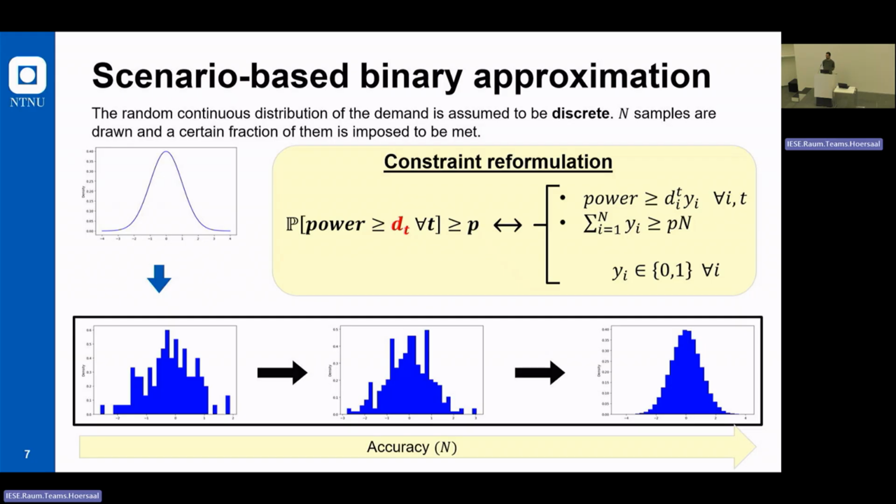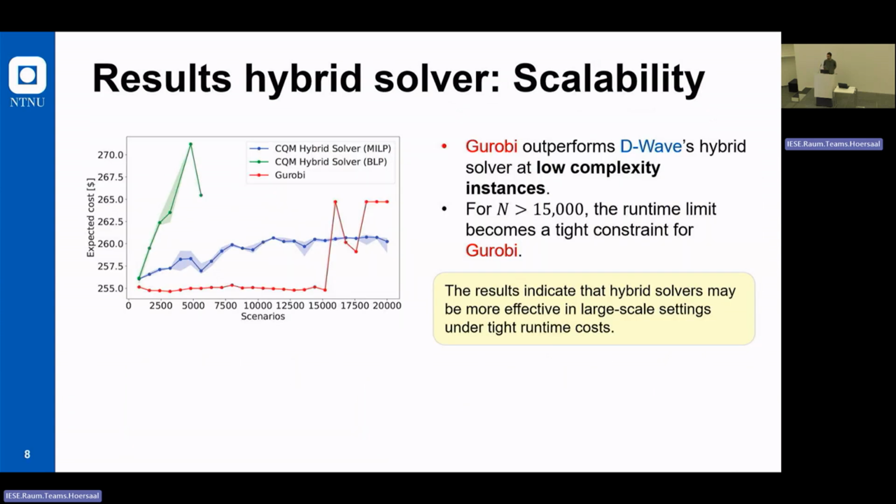So p times n is the amount of samples that we want to be met. From this, it's clear that the larger n is, the more accurate the problem will be, no? But also the more complex, because we have more variables and more constraints. So we have to find the appropriate n to have a good result, but that is not too complex.